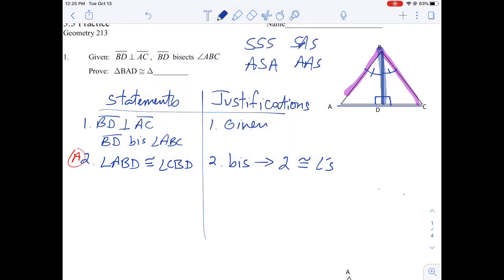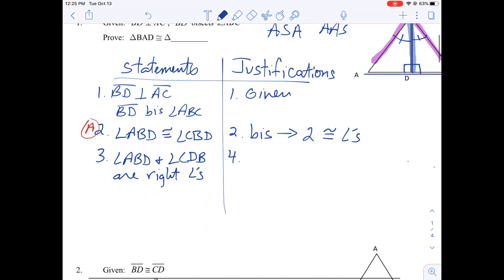Okay. And then let's chase after those right angles down at point D. So because we have perpendicular lines, we can state that angle ABD and angle CDB are right angles. Oops, I'll write the whole word out so you're not confused. Those are right angles. And that's because something from the given told us that.